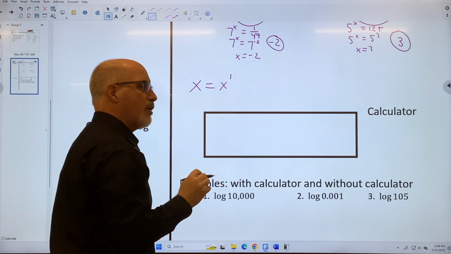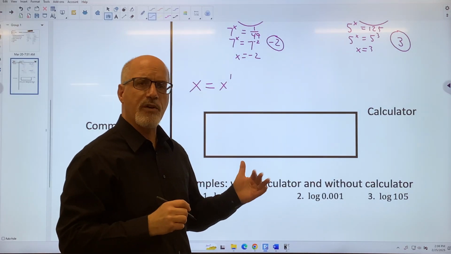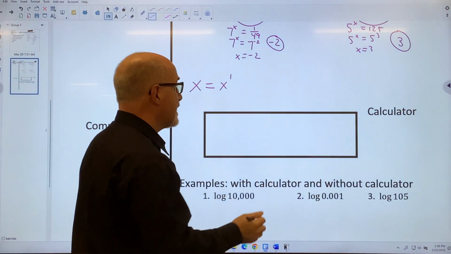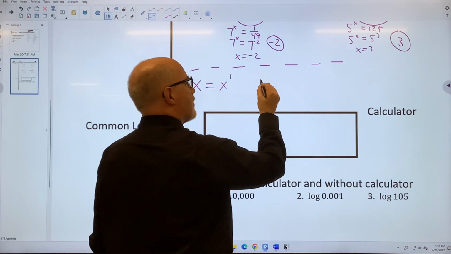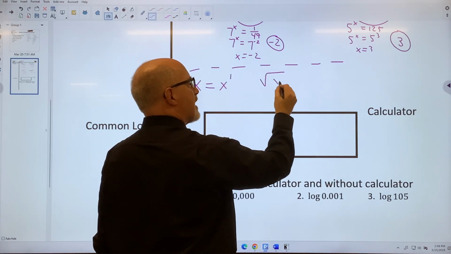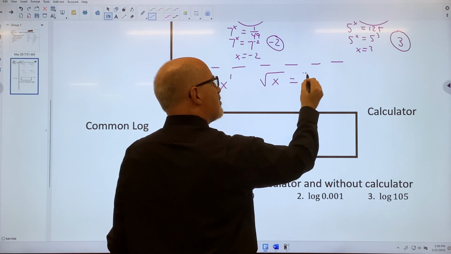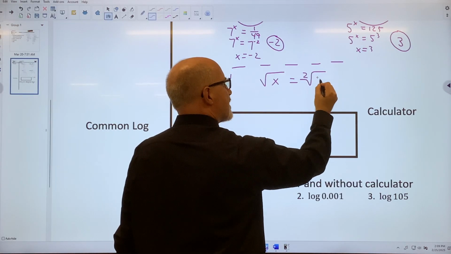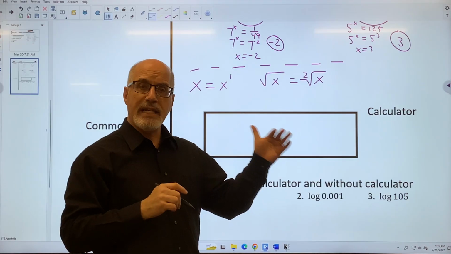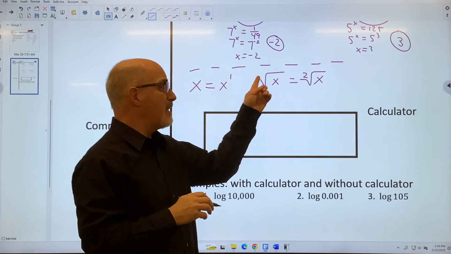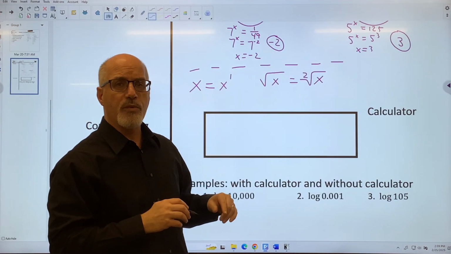We don't put the 1st power there, it's implied to be there. Same with the root. If we've got, say, the square root of x, that's implied to be the 2nd root of x. So 2 is the known index when we don't list an index on our roots.